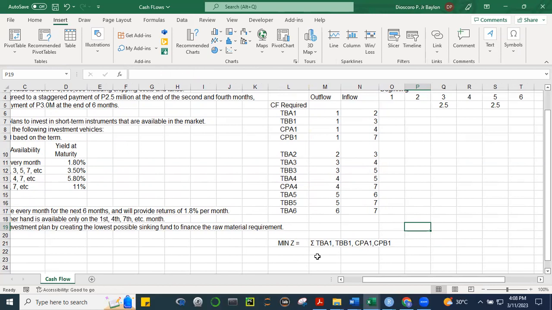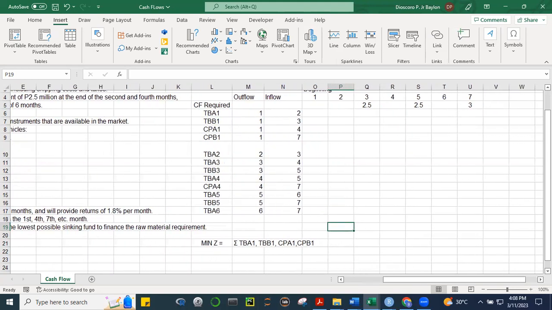I will not write it now, but I will assume that you're responsible enough, class, to write the constraints. Okay, so this is our objective function. What's our constraint, class? The inflow, sir, for months 3, 5, and 7. Okay, you're correct. The inflows for month 3, 5, and 7.